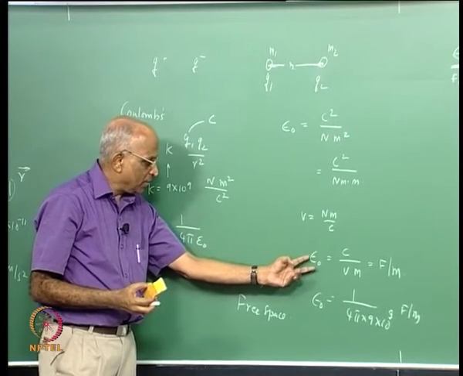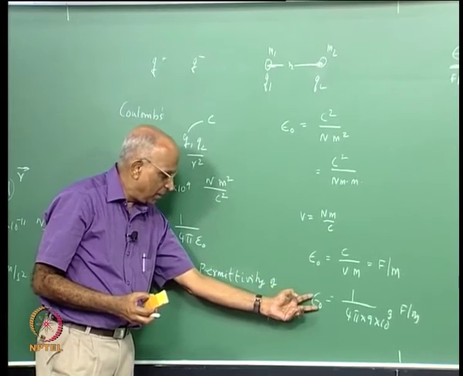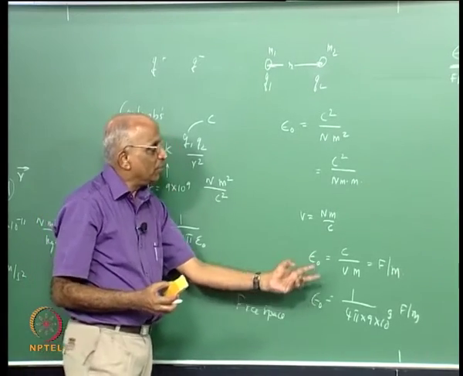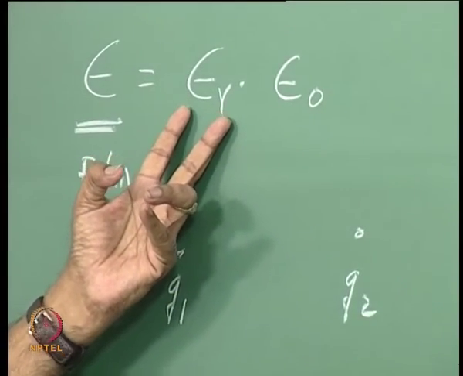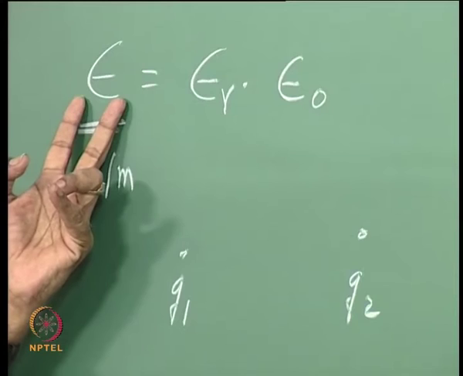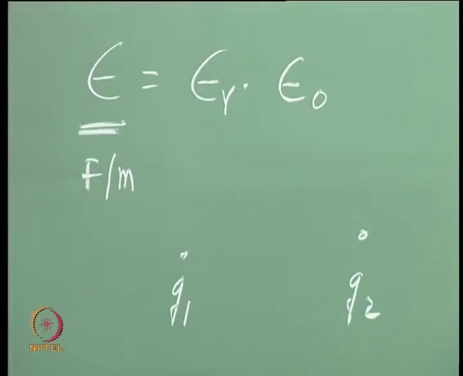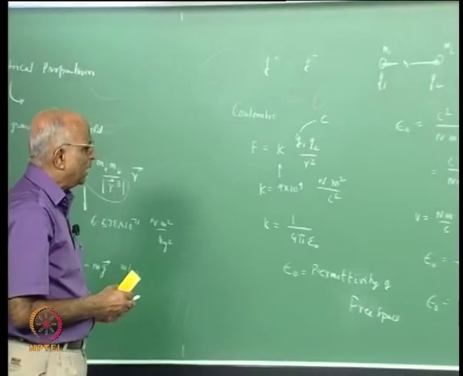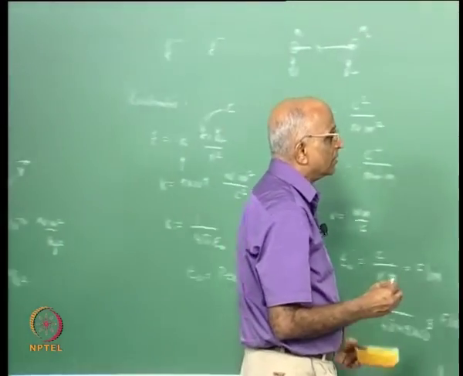Maybe in vacuum I use the permittivity of free space, in a medium in which I have something else I have to use relative permittivity. This is just a number which says how much more is the permittivity of the particular medium compared to the permittivity of free space.